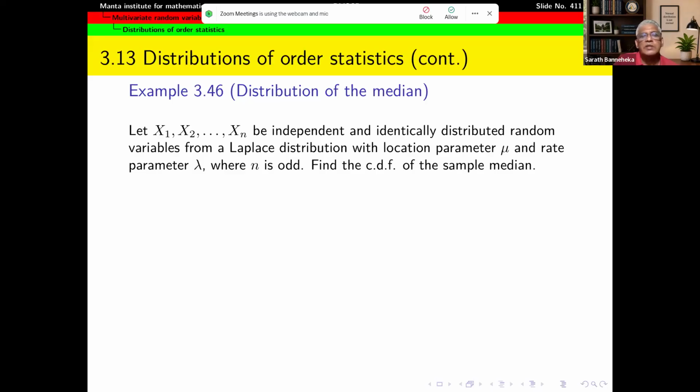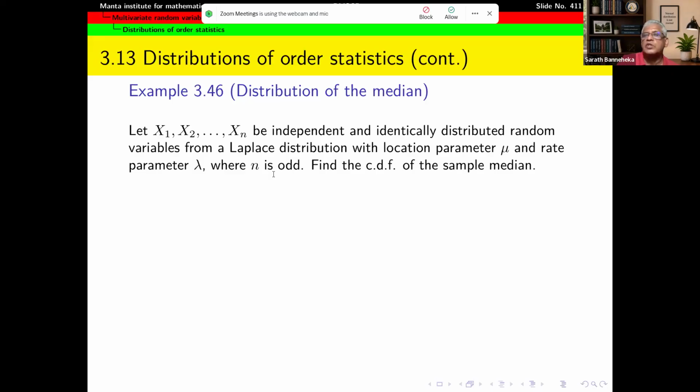Here I'm taking this example from the book. In the book, it is considering the Laplace distribution. Data are coming from the Laplace distribution with some location parameter mu and rate parameter lambda, and n is odd. In that case, the R value is actually (n plus 1) over 2.